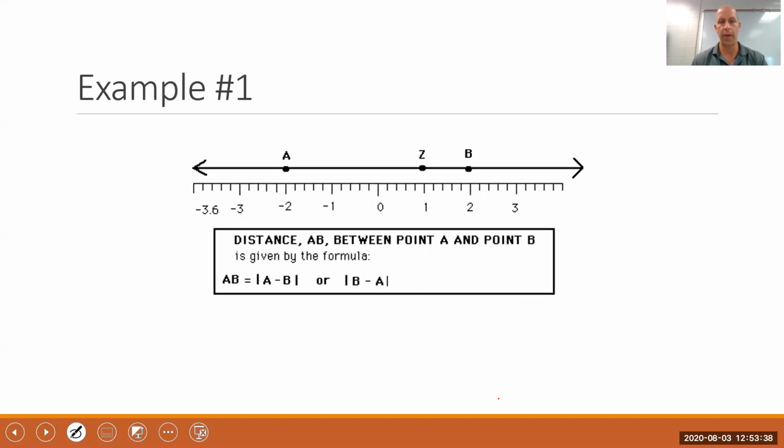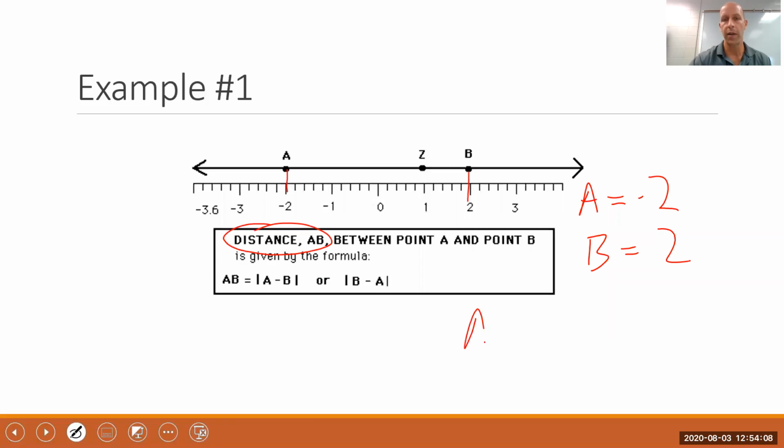Here's an example of how we might use the ruler postulate. Let's say I wanted to know the distance between points A and B. I can pair the coordinates of A and B up like so. A is at -2 and B is at 2.